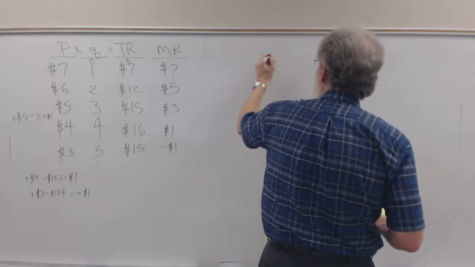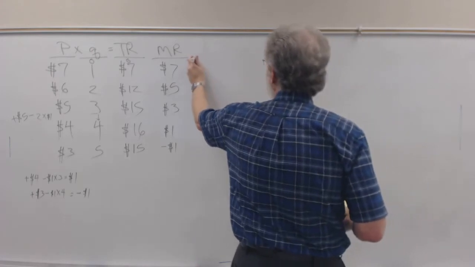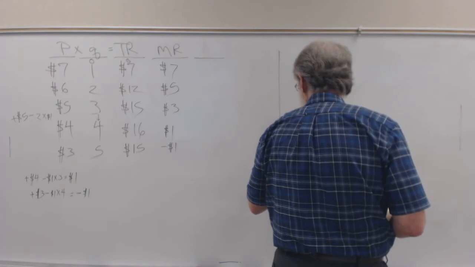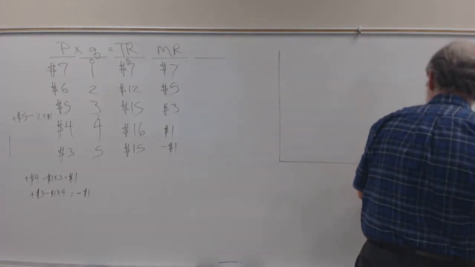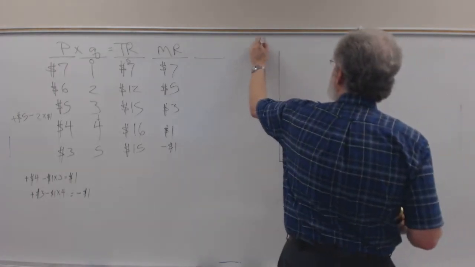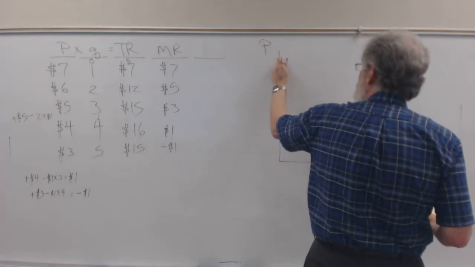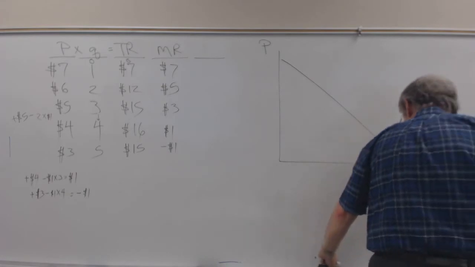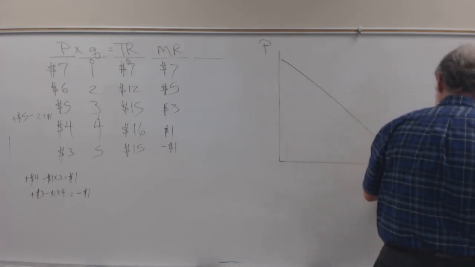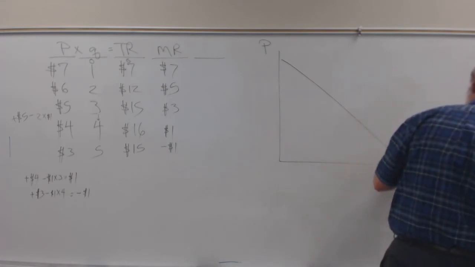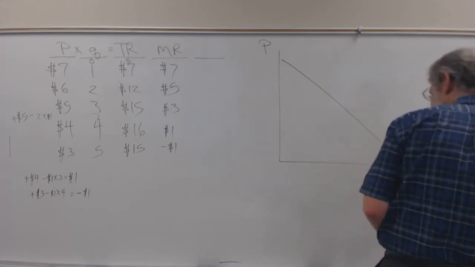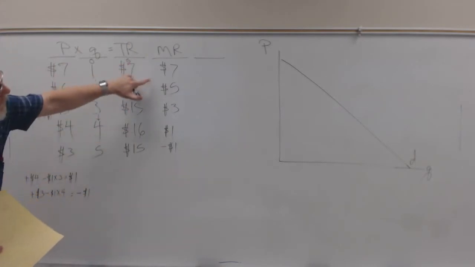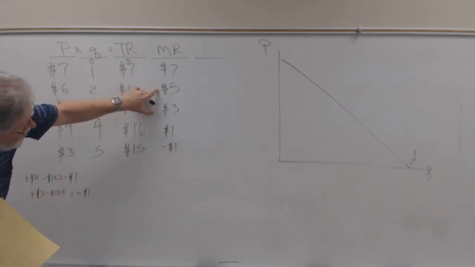Leave some space there. We've got a downward sloping demand curve. What's the marginal revenue schedule going to look like?